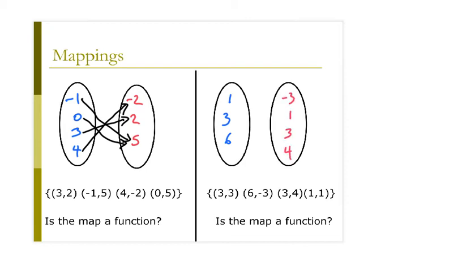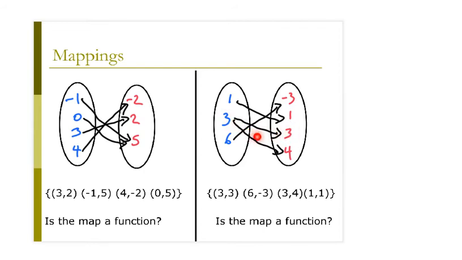Notice that 3 gets assigned to 3 and to 4. So in this case, that's like putting the movie in and ending up with Transformers one time and ending up with Spider-Man the other time. So this does not function. This mapping is not a function.